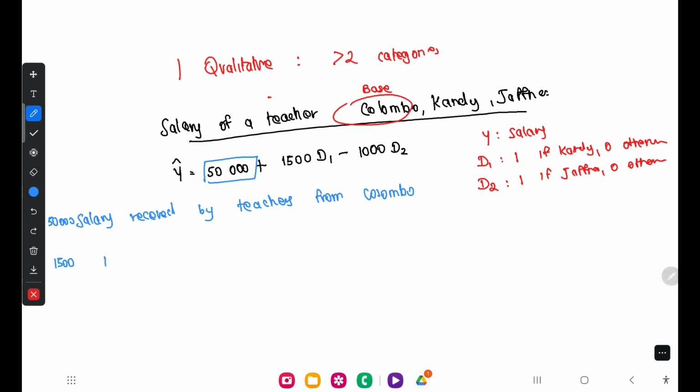So the estimated increase in salary of teachers in Kandy is in comparison to those from Colombo.